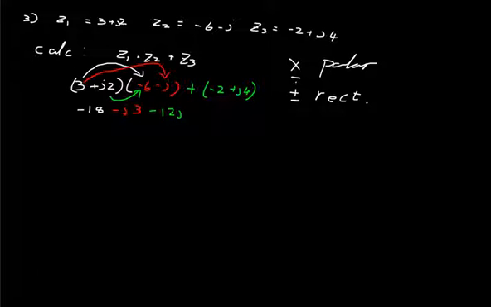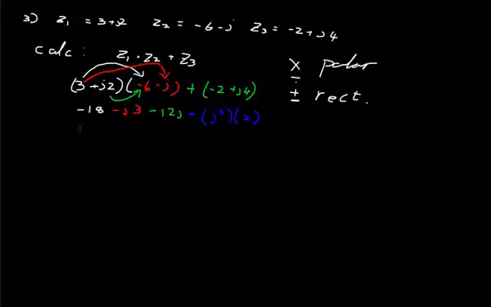Then our lasts: positive times a negative gives a negative, then j times j is j squared, and 2 times 1 is 2.